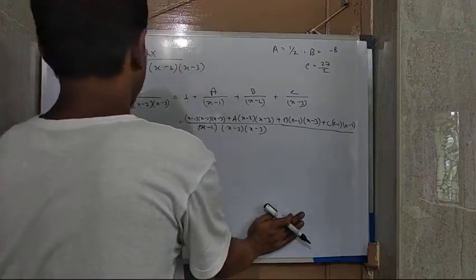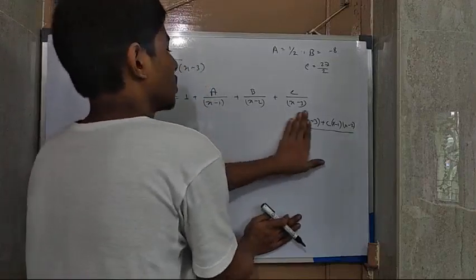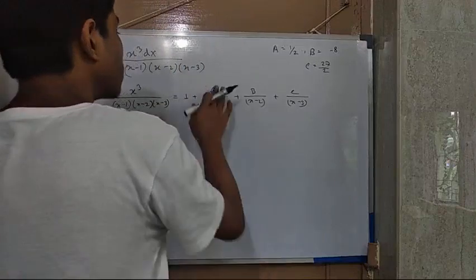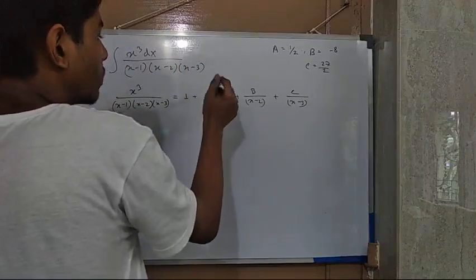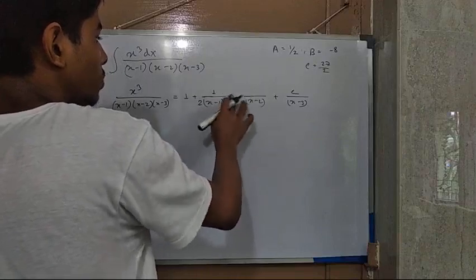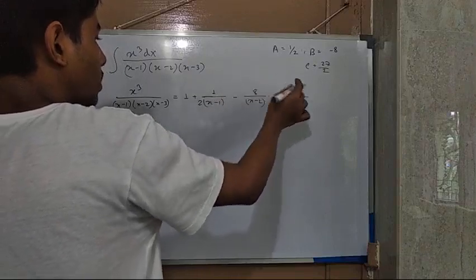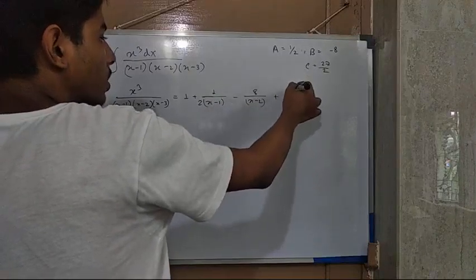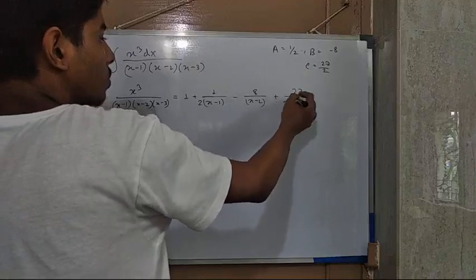So we can just remove that. a is equal to half, so this is 1 by 2. b is equal to minus 8, so this is minus 8. And c is equal to 27 by 2, so this is 27 by 2.